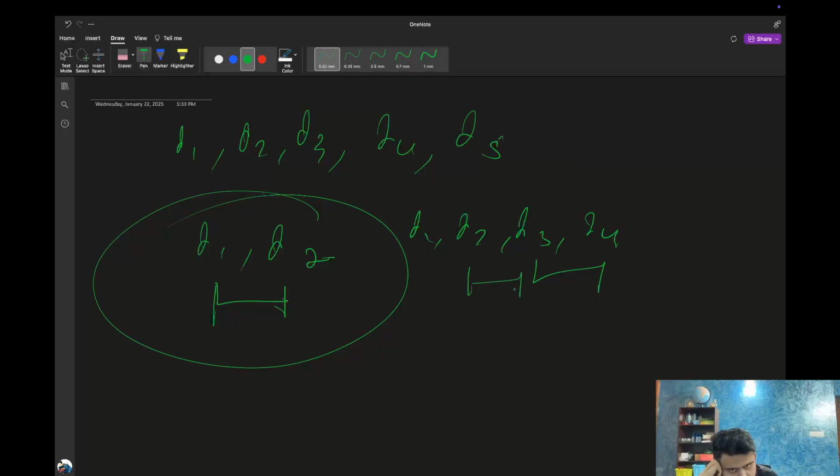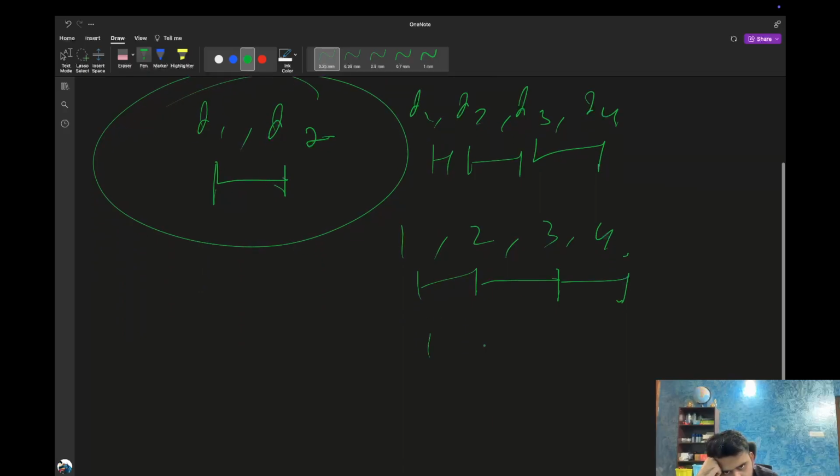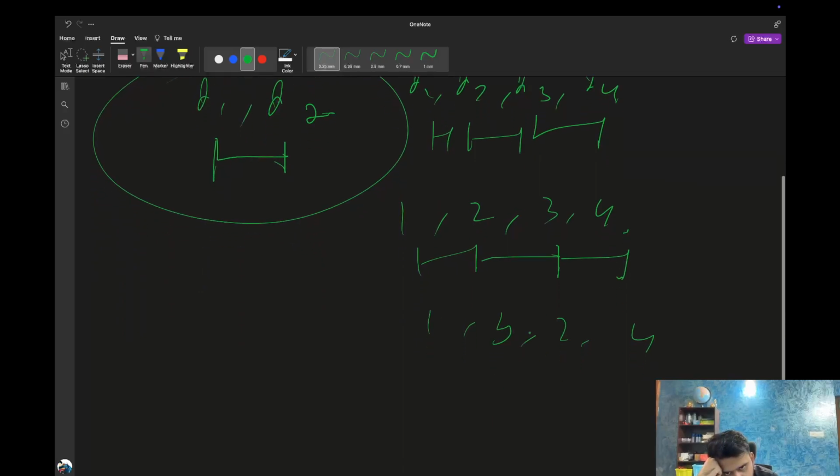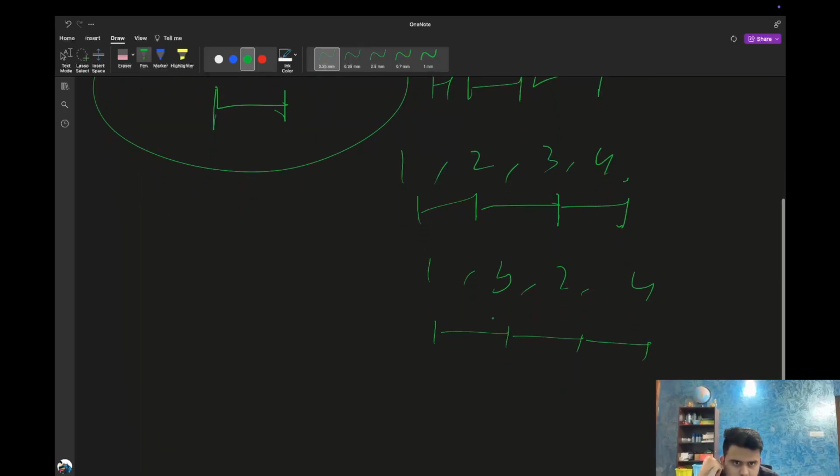So you have this distance, this distance. Let's say you have 1, 2, 3, 4. Now say there's a switch, so you have 1, 3, 2, 4. You continue to have this, but with this switch, you have added this extra term. So 1 to 2 is still the same, but this is going from 1 to 2 and this is going from 2 to 3.